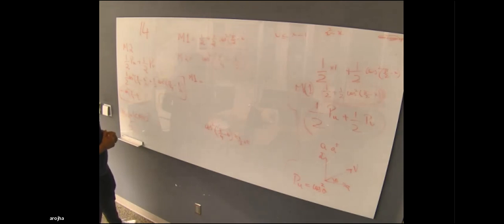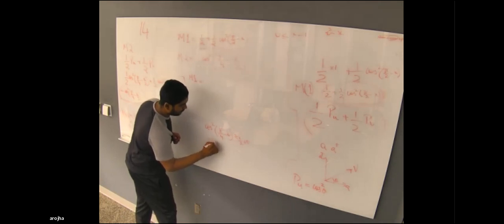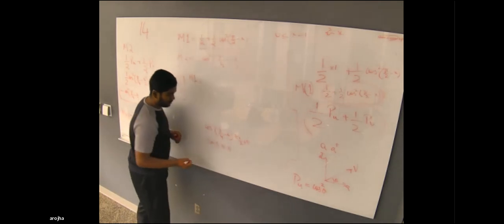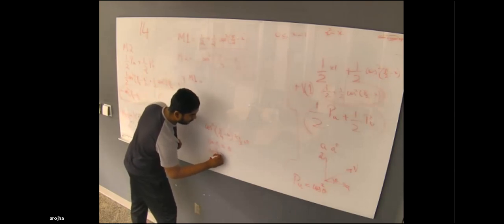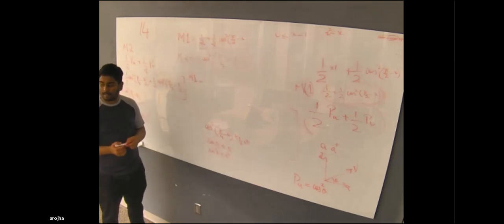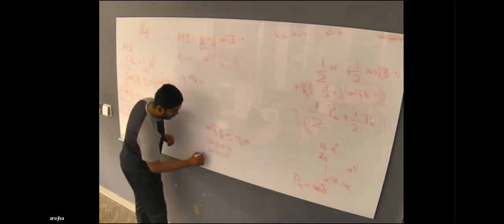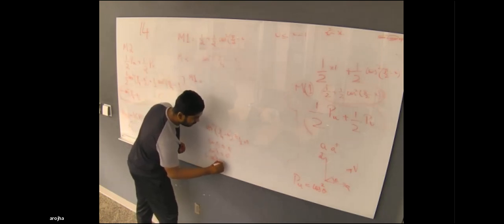Sine of theta tends to theta, right? So sine square of theta will tend to theta square. That means 1 minus cos square of theta will tend to theta square.